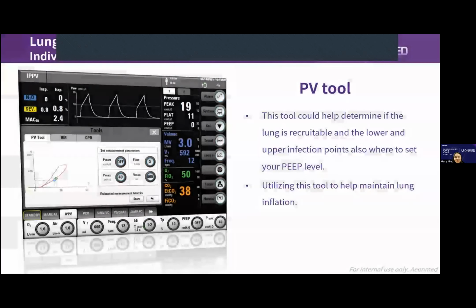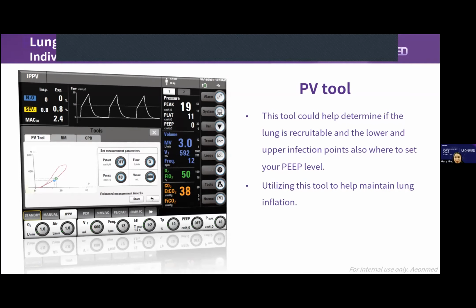And here, the PIP tool we put in the anesthesia workstation, A800A. It's pretty easy for my anesthesiologist to titrate what is the suitable tidal volume and PIP for my patients.